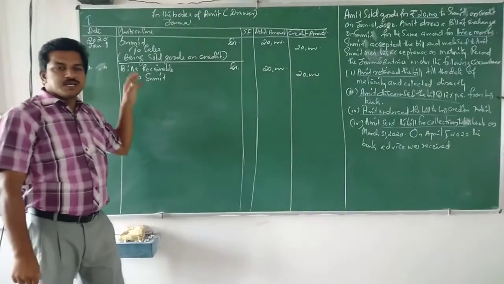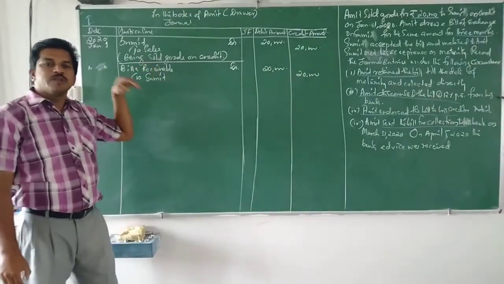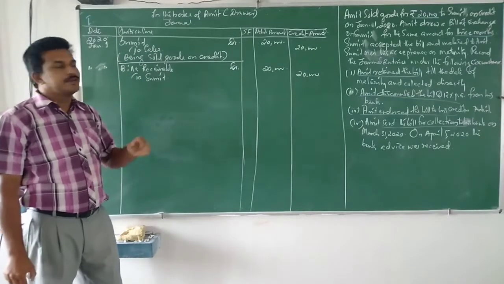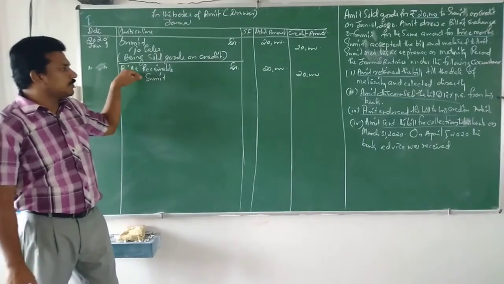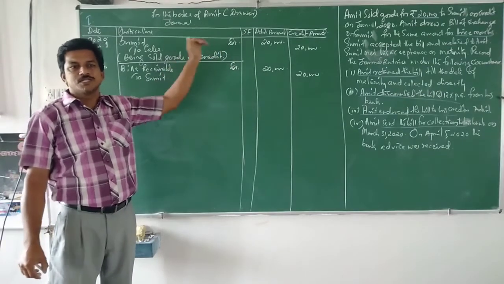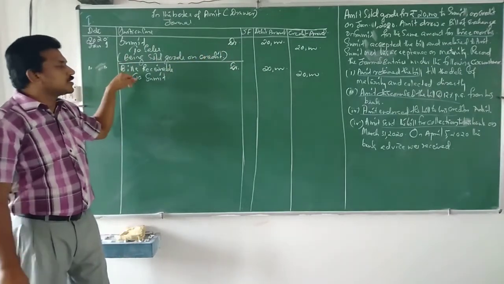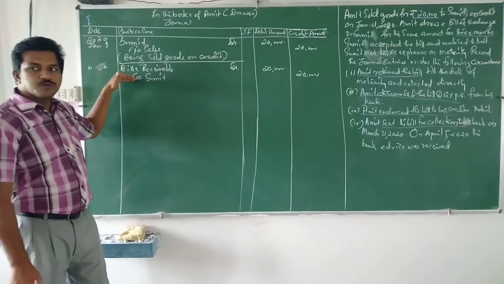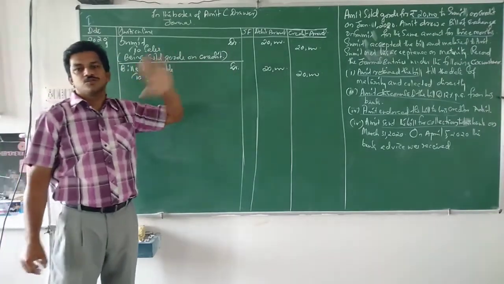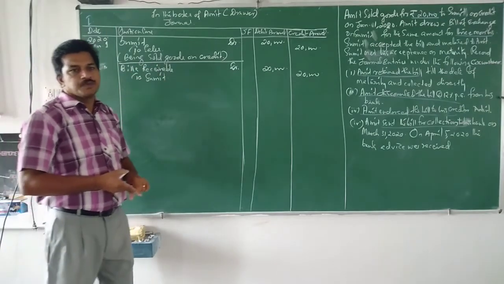Sometimes some amount will be paid in cash and the remaining will be accepted in the form of a bill. So in that case we will write cash debtor. Suppose 5,000 cash is given. Cash debtor 5,000. Then 15,000 is bills receivable. So bills receivable debtor 15,000 to Sumit, total 20,000. Okay.